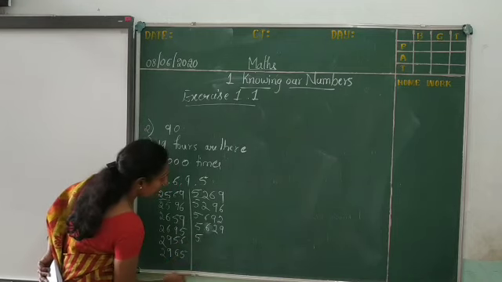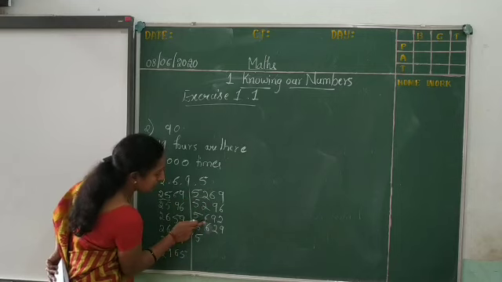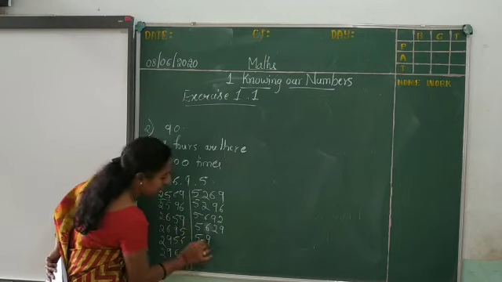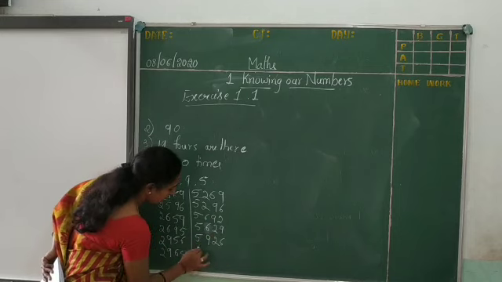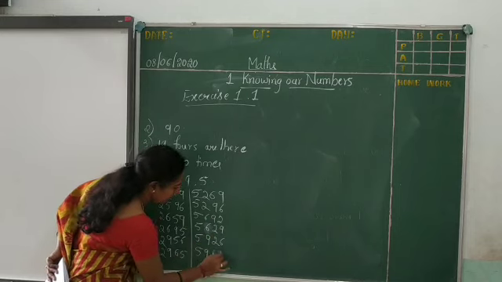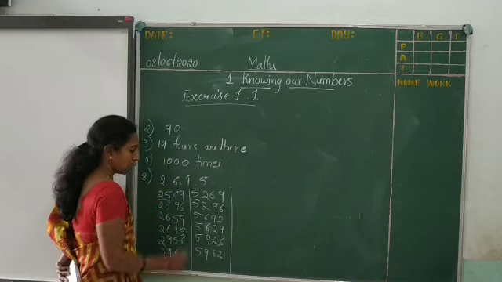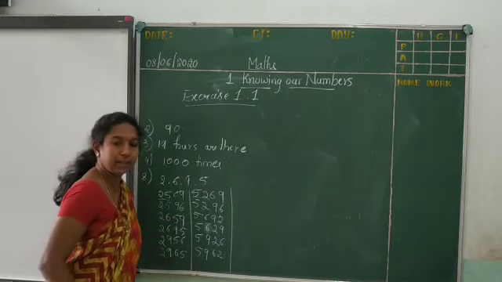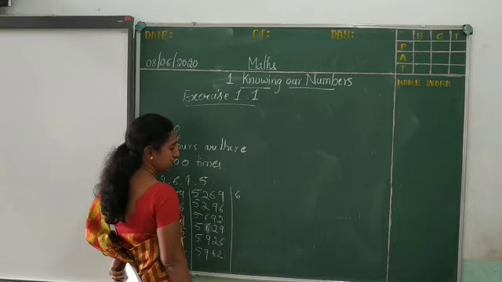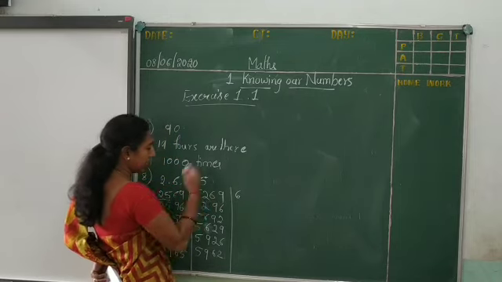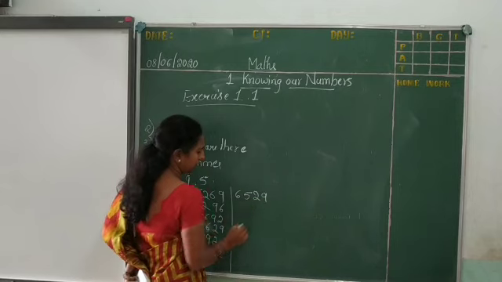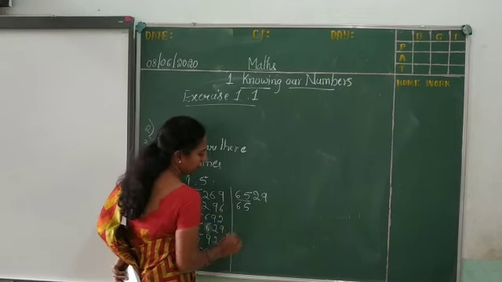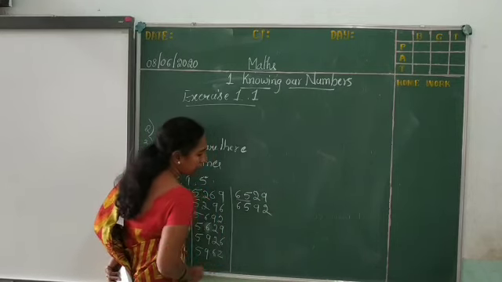Next, 5, 2 is over, 6 is over. Now I will take 9 in the 100 place. Remaining two numbers are 2 and 6: 5, 9, 6, 2. So here I have written 5 in the 1000 place. Next I will take one more, that is 6. Again the remaining 3 digits I will write here: 5, 9, then fix two digits, 9, 2.